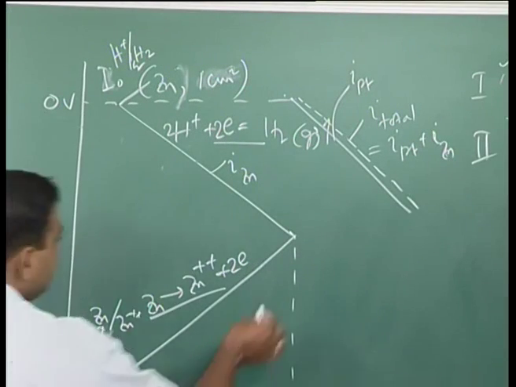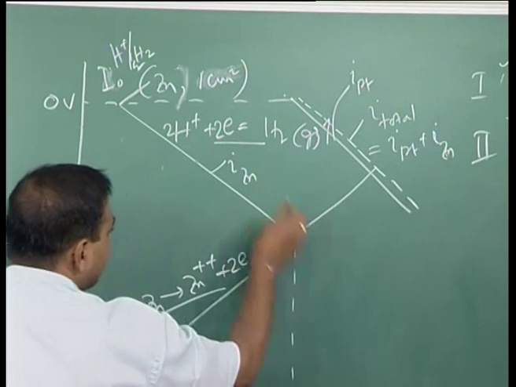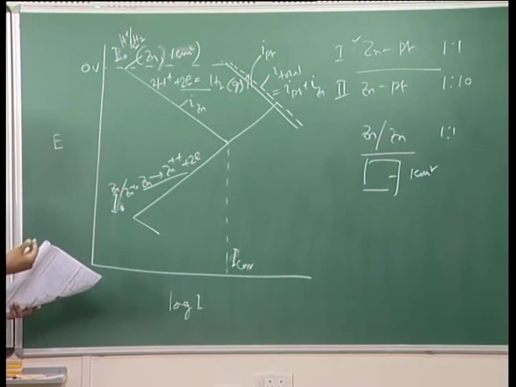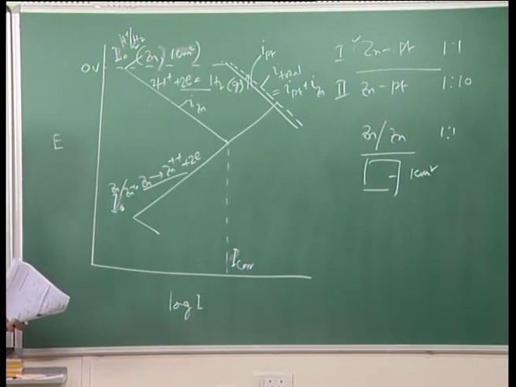Now, similarly, we have to extend this line and find out where the total cathodic current density is going to be equal to the total anodic current density.